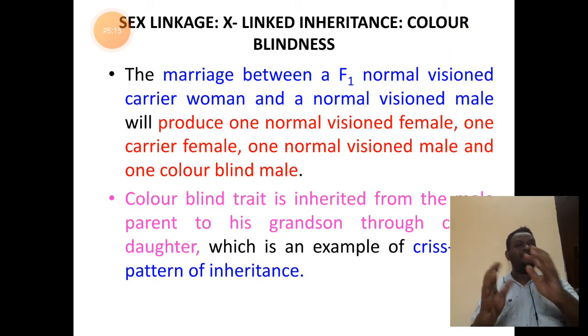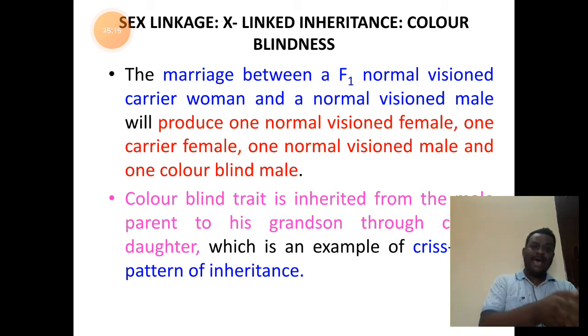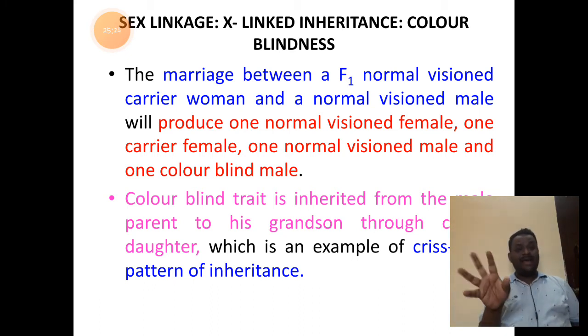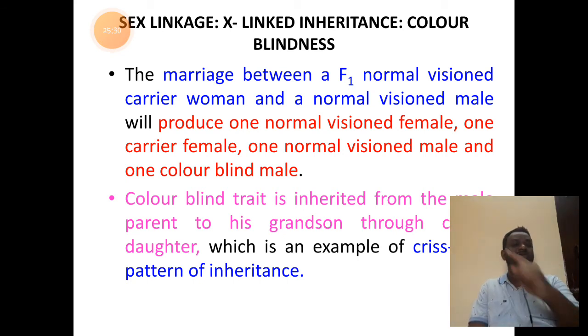The marriage between the F1 normal vision carrier woman and a normal vision man, that is, the son, when they are crossed, that is, F1 individuals are crossed, a carrier female to a normal vision male. The condition here is they produce one normal vision female, one carrier female again, one normal vision male and one colorblind male.